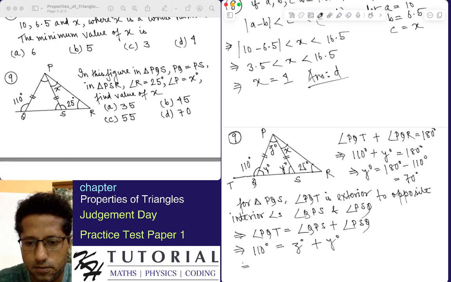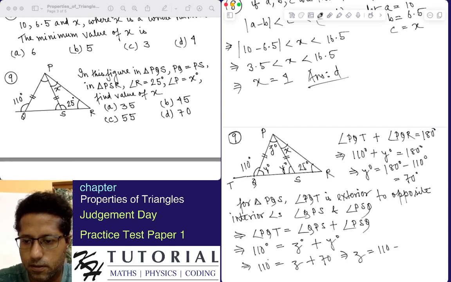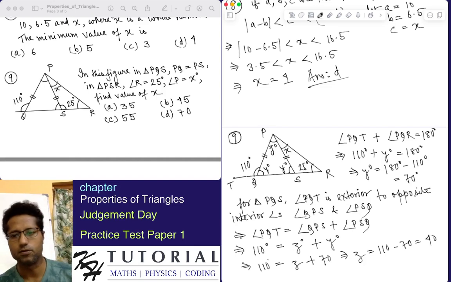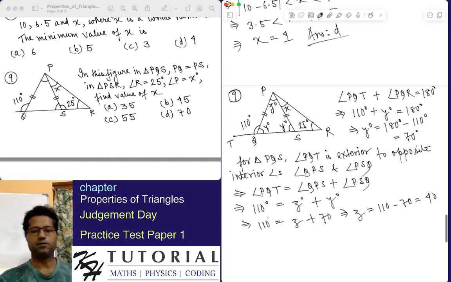So 110 equals z plus y, which we have already found to be 70. So z equals 110 minus 70, this is 40. So z is 40.